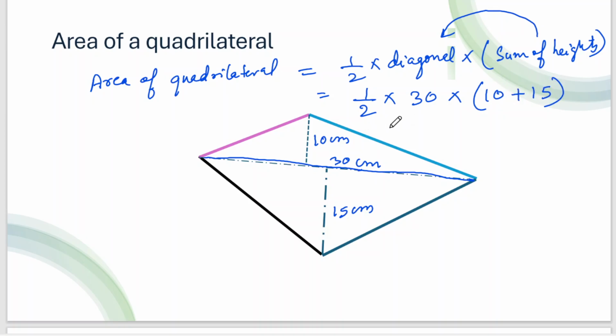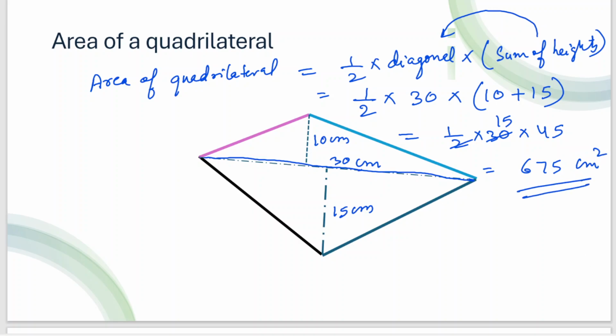So finally you get half into 30 into 45. You can cancel it out as 15. Now you multiply 15 into 45, which is 675 centimeter square.